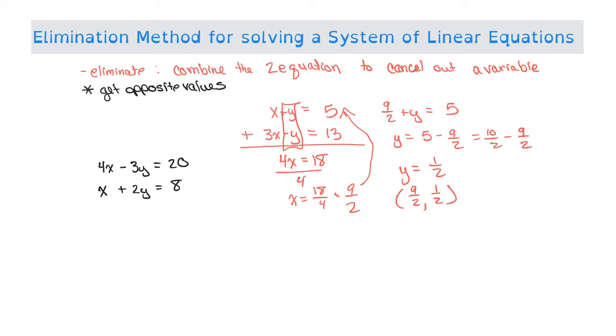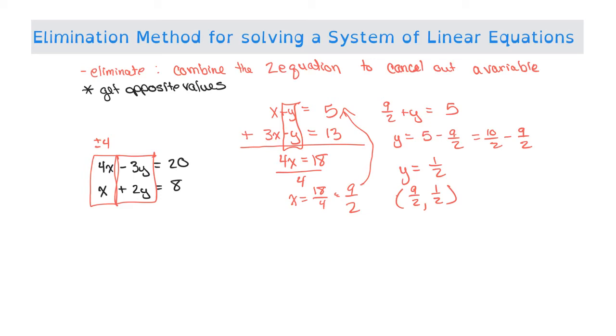All right, so what we can do is we can either get opposite values with the x's, and so we could get plus or minus 4 if we wanted to, or any other opposite value, or we can get opposite values with the y and just try to get positive and negative.